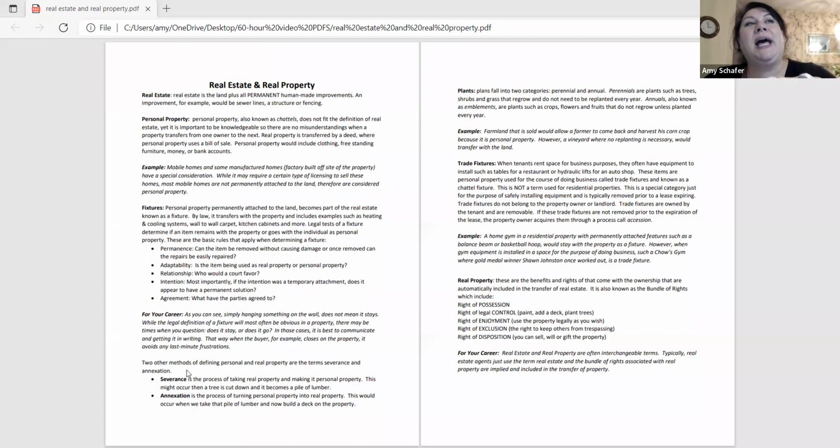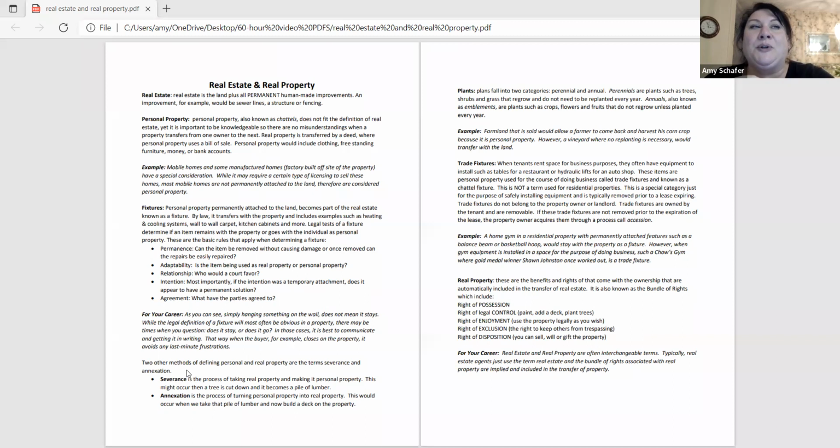But now over time, you decide we don't want 2x4 lumber as a deck. We want to upgrade to something fantastic, like maybe Trex decking. Something that's composite, less maintenance. So you tear that lumber off of the house. That's called severance. You're severing it from the property.